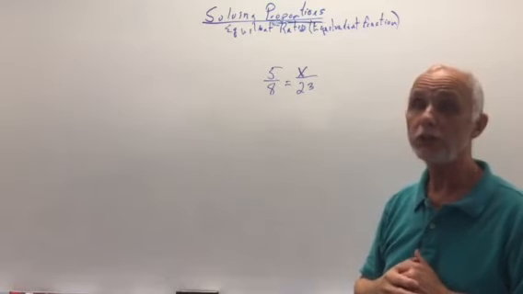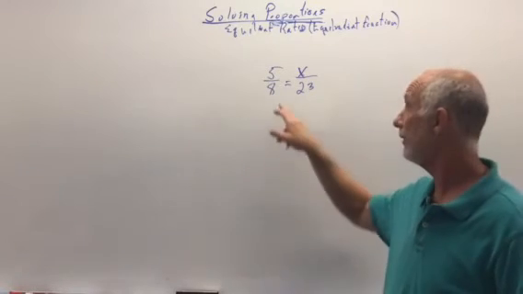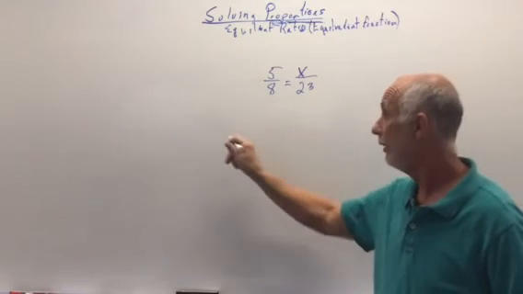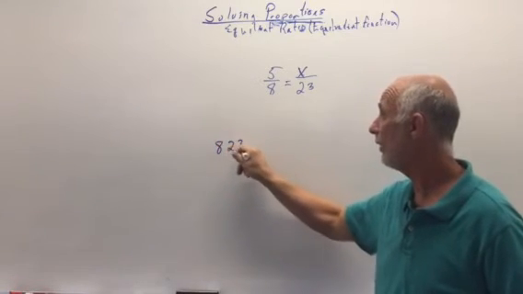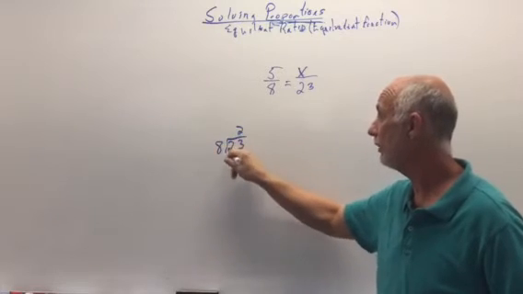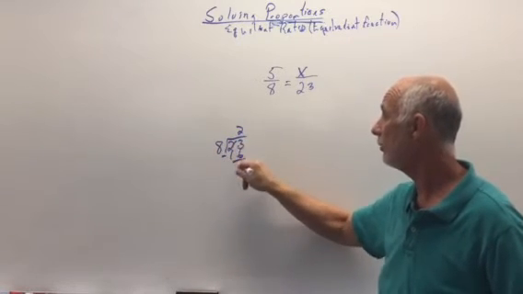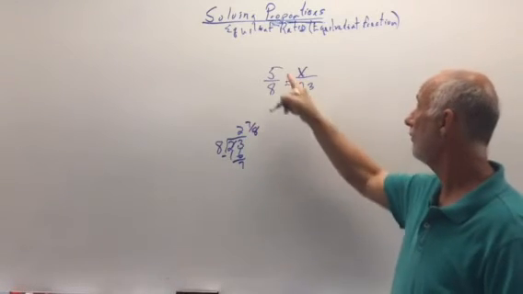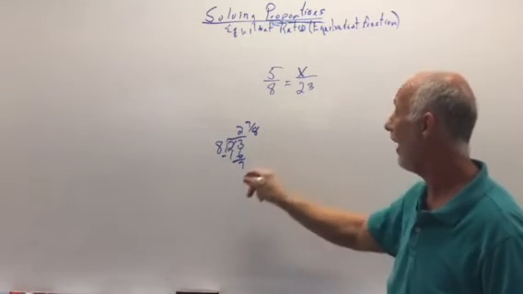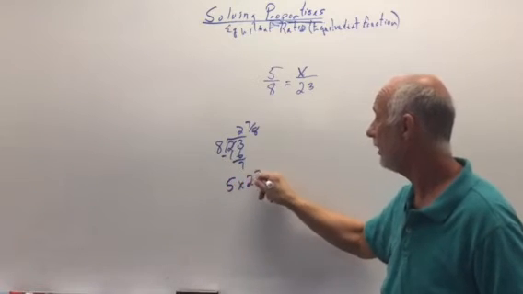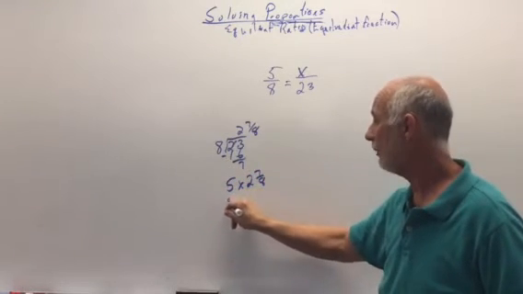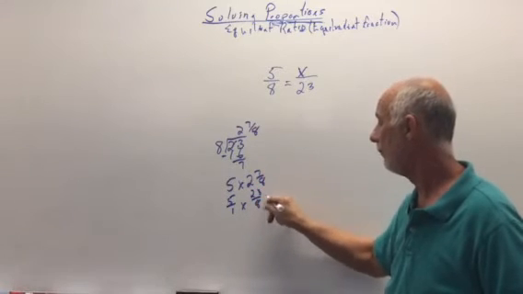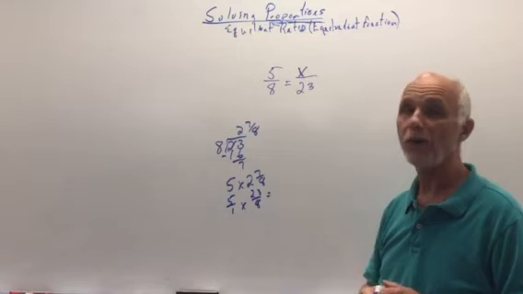Now the truth is you could still solve it the same way, because even though 8 doesn't go into 23 evenly, 8 goes into 23. So if I divide 8 into 23, it goes 2 times 8 is 16, remainder 7/8. But now instead of multiplying 5 times 2, I have to multiply 5 times 2 and 7/8. And again, that would be 5 over 1 times 23 over 8. And again, can I simplify before I multiply?